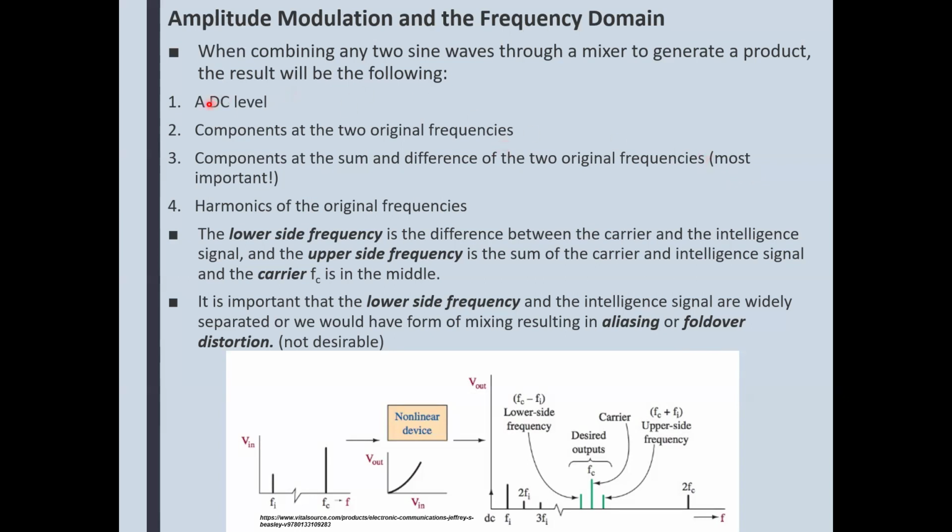So again, we're combining two signals. We're going to have the DC level affected, which we can filter out, no problem, with a capacitor at the output of the amplifier. We're going to have the presence of the two original frequencies.